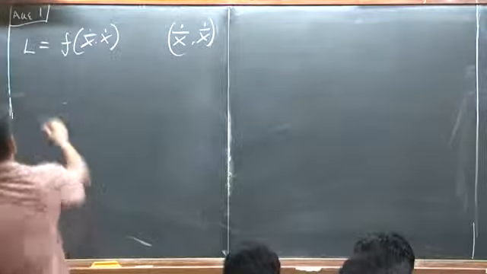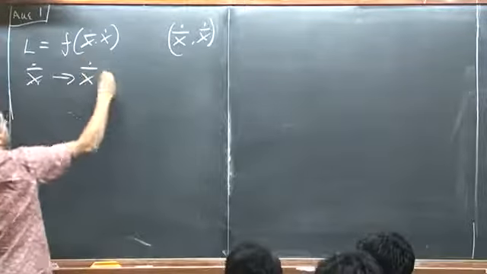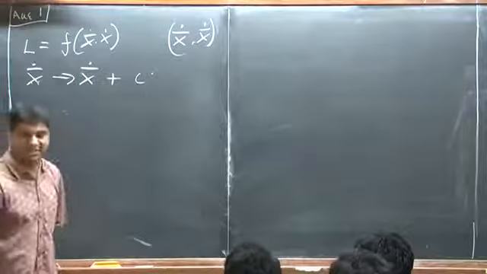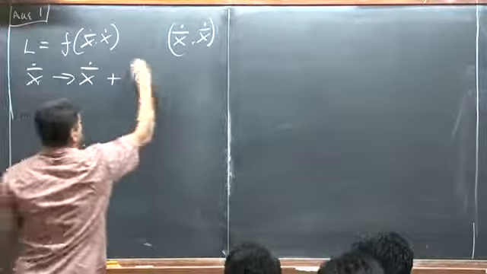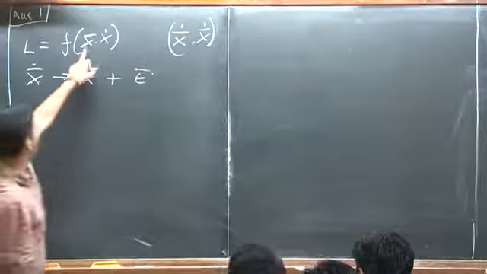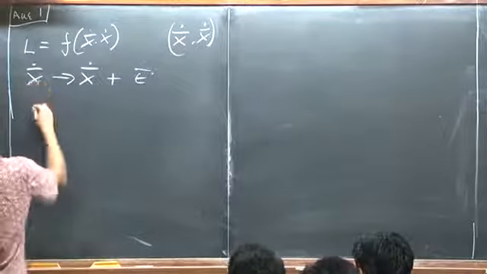Under x dot goes to x dot plus a constant, let's make this constant infinitesimal to start with. So let's focus. How does this Lagrangian transform? Let's look at the change in the action.